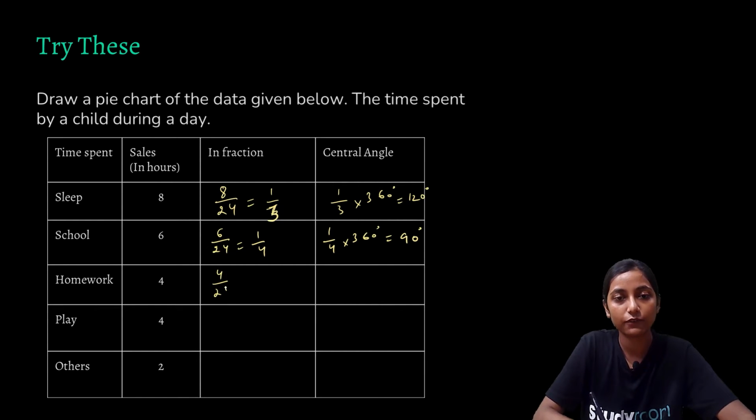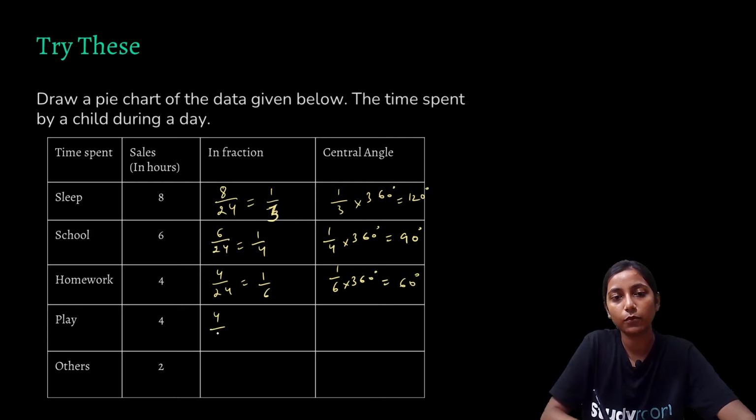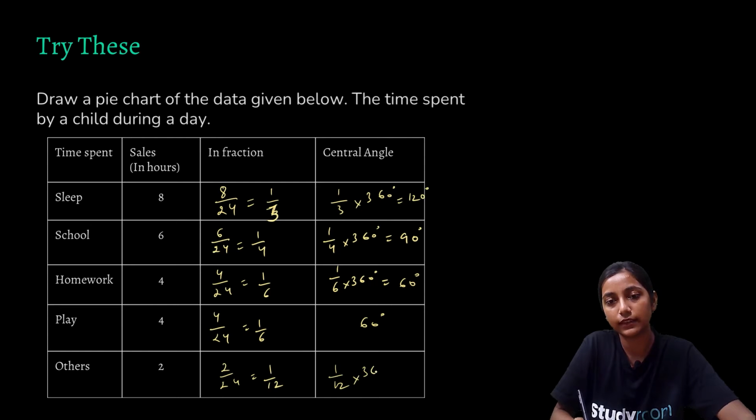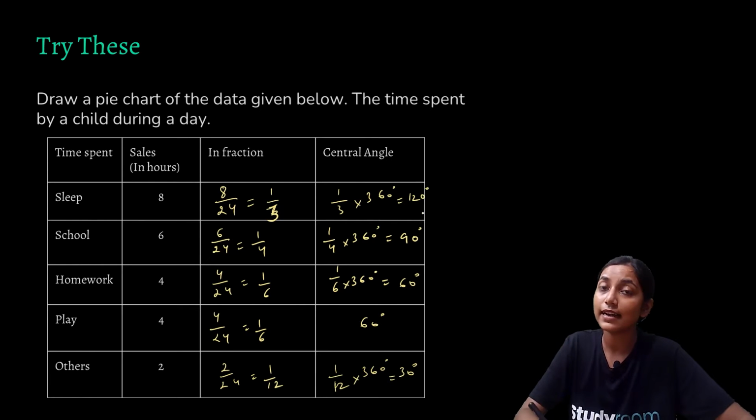Again 4 by 24, that is 1 by 6, doing the same steps as the previous one, 60 degrees. Another 4 by 24, that is 1 by 6, 60 degrees. Again 2 by 24, that is going to be 1 by 12, and 1 by 12 of 360 degrees is 30 degrees. So we have found out the central angles.